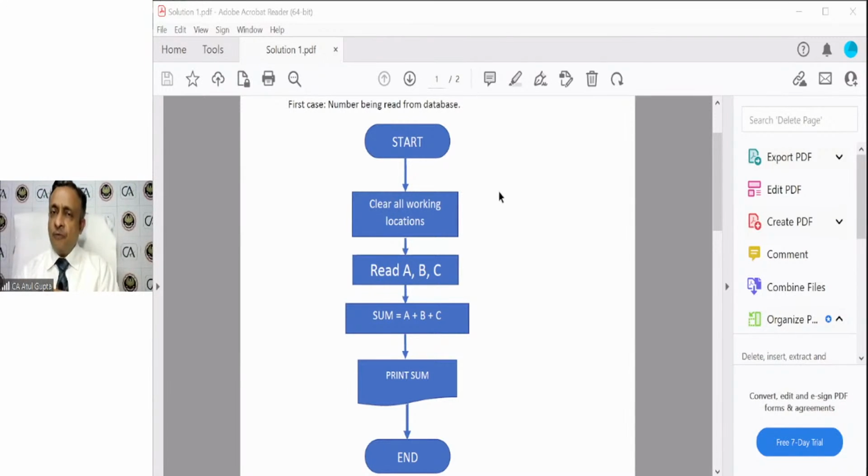Every flowchart, whenever you do one, to me flowchart is one of the topics where you can get 100 out of 100. If it's a 10 marks question or 8 marks or a 6 marks question, you can score full marks in flowchart. So to be able to score full, what things must you do to ensure that your flowchart is correct?